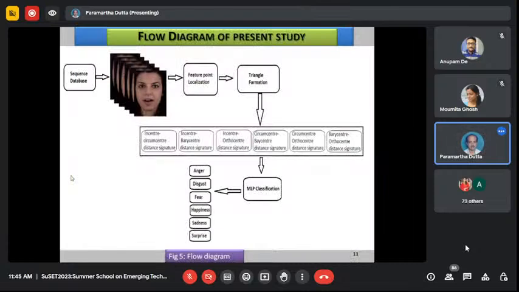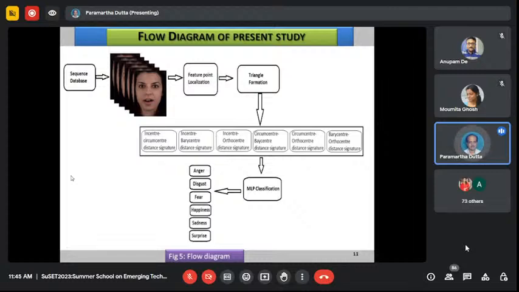That is the flow diagram, or course of action, followed one after another. Basically, there is a sequence database made available to us. The next objective is feature point localization. Then comes the so-called triangle formation, or triangulation.